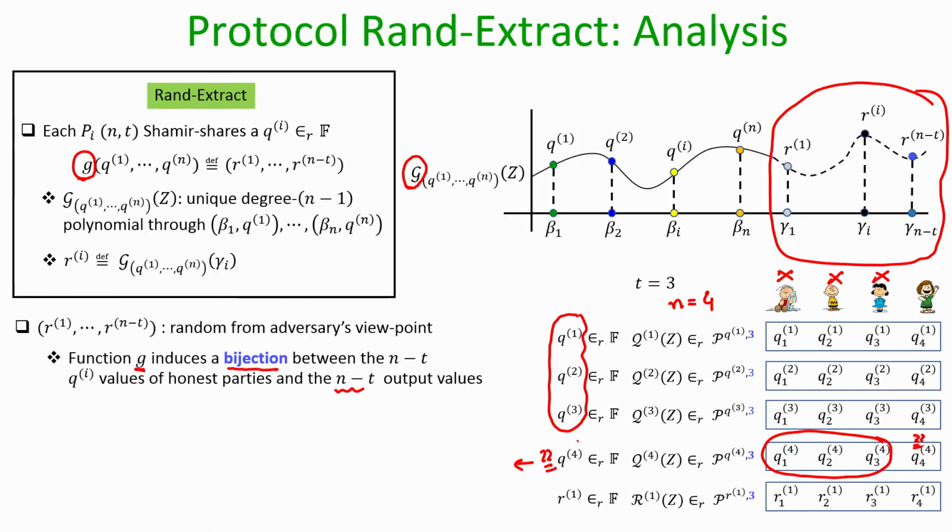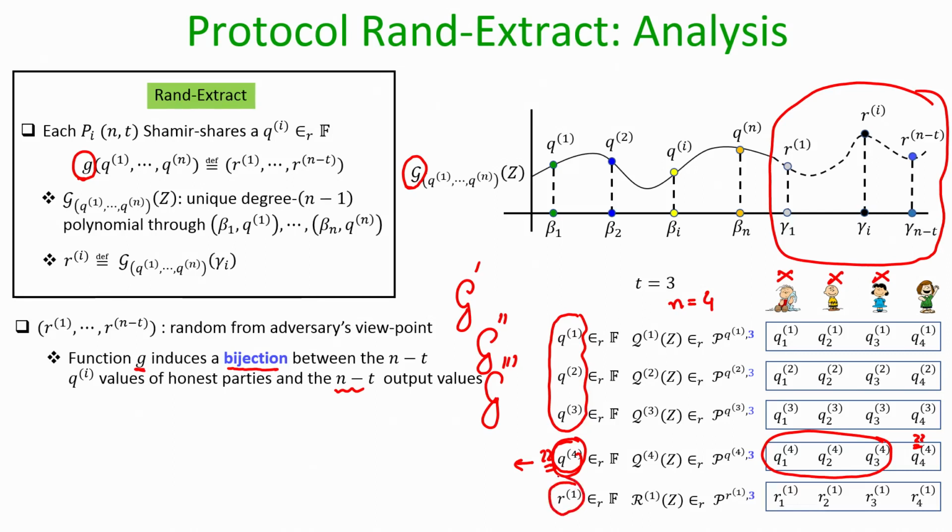That means, for every candidate q 4, it could be any g polynomial, and hence that g polynomial evaluated at gamma 1 could give any candidate element from the field. It could be either the polynomial g prime, or g double prime, or g triple prime, and so on. For every candidate q 4 there is a corresponding g polynomial, and that corresponding g polynomial evaluated at gamma 1 gives you the corresponding output.